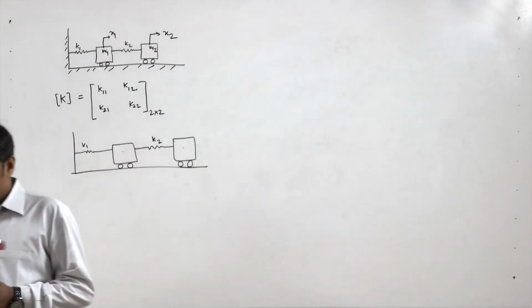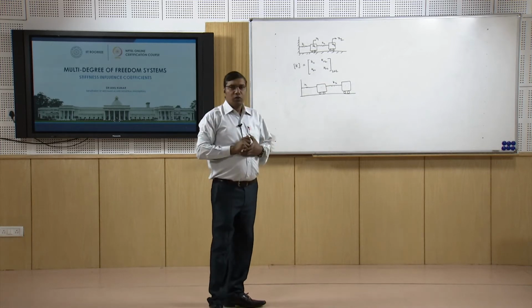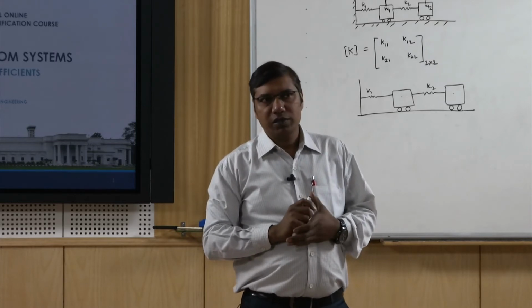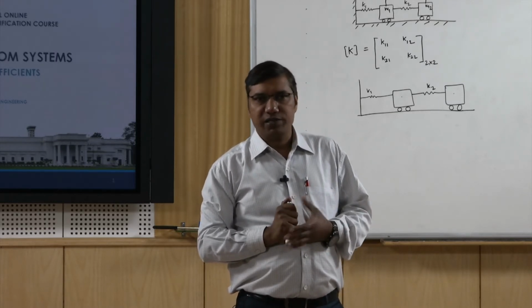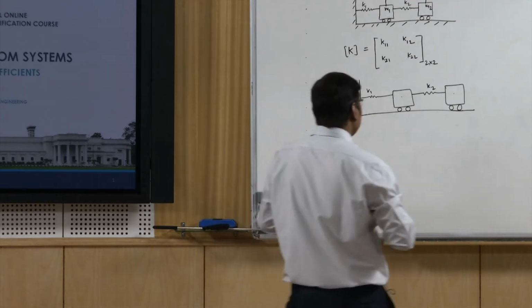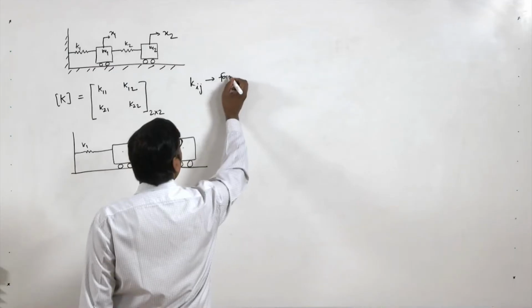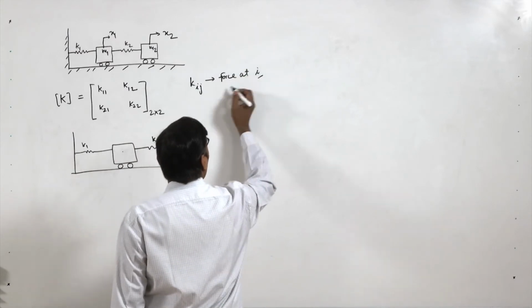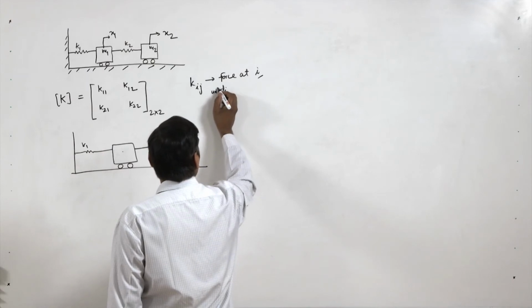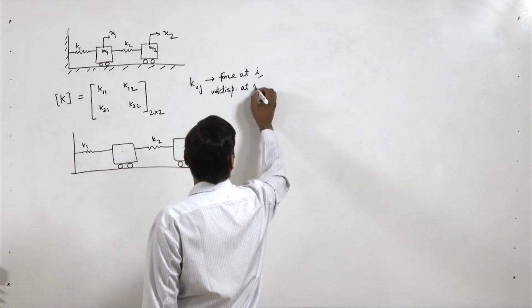So now, K11, K12, K21, K22. Kij, as we defined, is the force developed as a reaction when we apply a unit displacement at j. So here Kij is the force at i when unit displacement is applied at j.